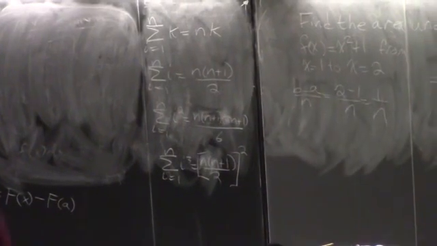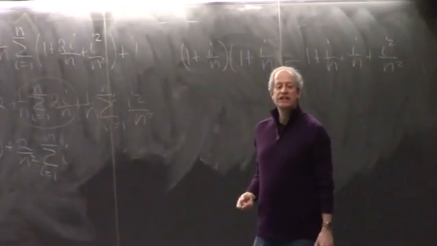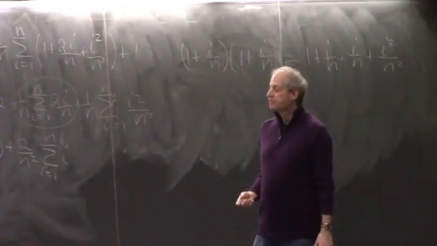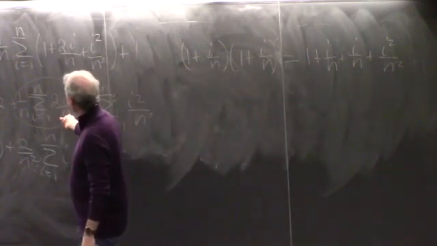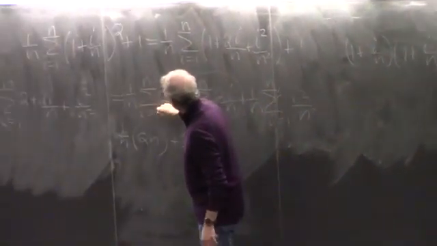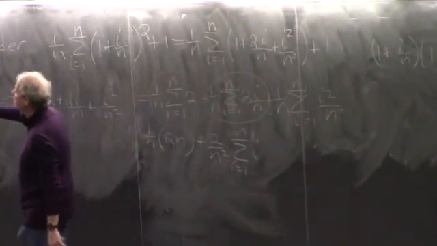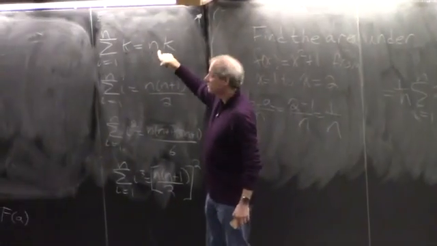I know these are painful. They really are. And it's very easy to get lost because I don't like these either. I have this 2 over n and I pull it out and I get 2 over n squared. So the sum from i equals 1 to n of a constant is n times the constant.